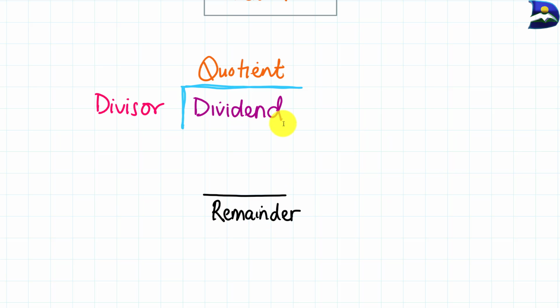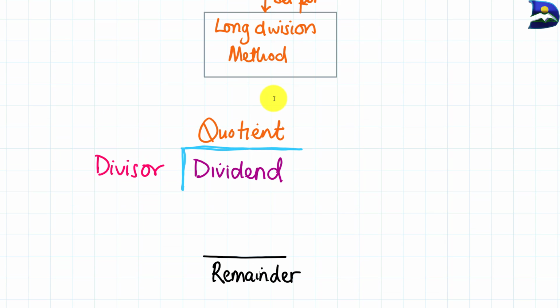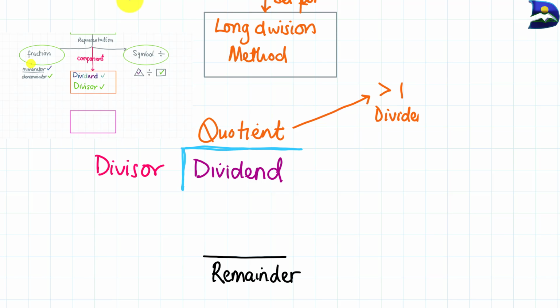We're going to look at what the quotient setup is like in terms of criteria for the overall division method. Now for the quotient, we need to realize that when your quotient is greater than 1, we have our dividend, which is the specific number before the division sign, or the numerator, greater than the divisor.